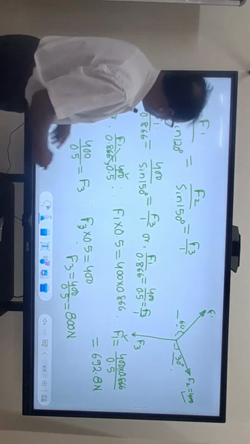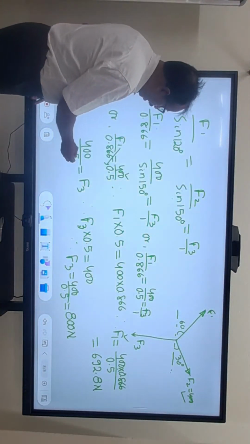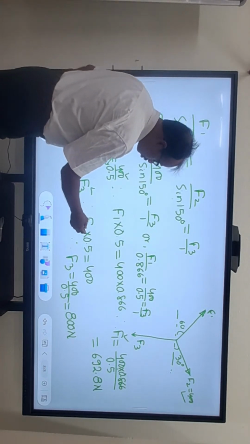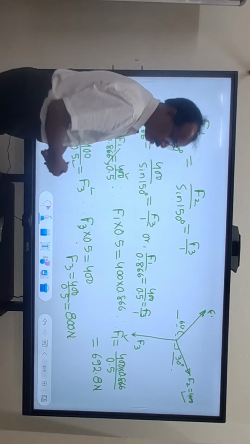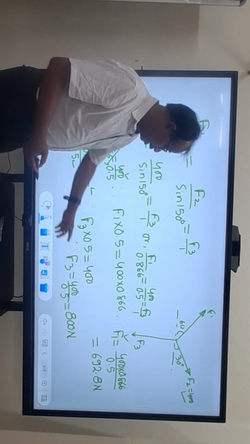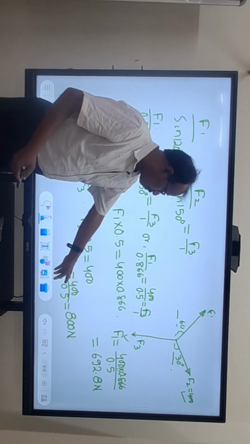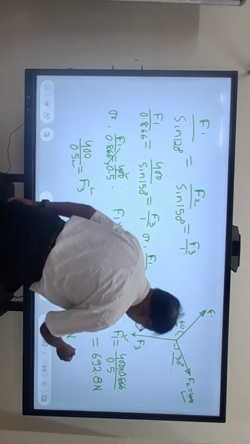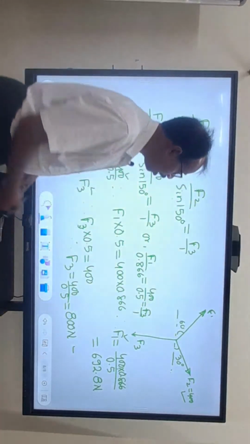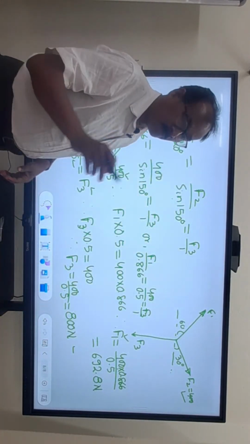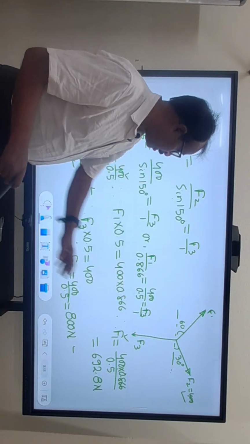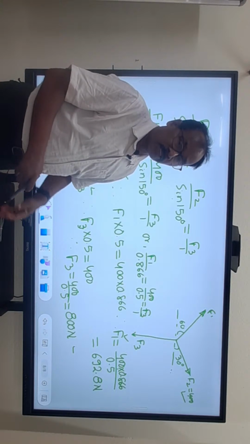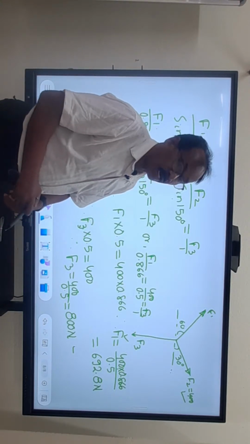Then 400 by 0.5 is equal to F3, or F3 into 0.5 is equal to 400, so F3 is equal to 800 Newton. Therefore, the required forces are F1 equal to 692.8 Newton and F3 equal to 800 Newton. These are the required answers.